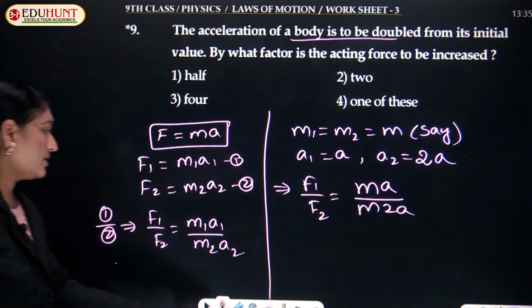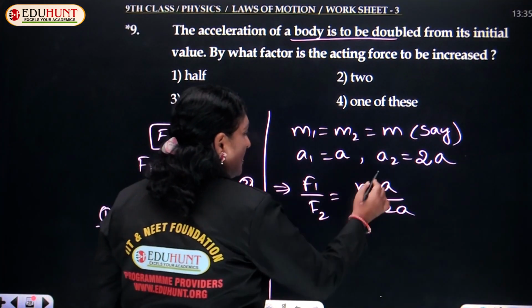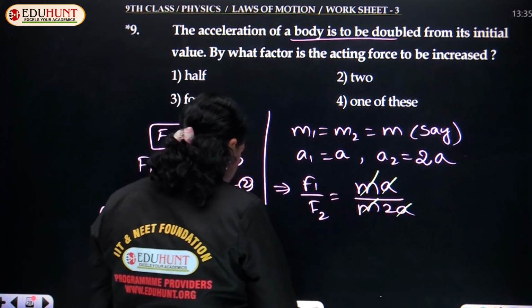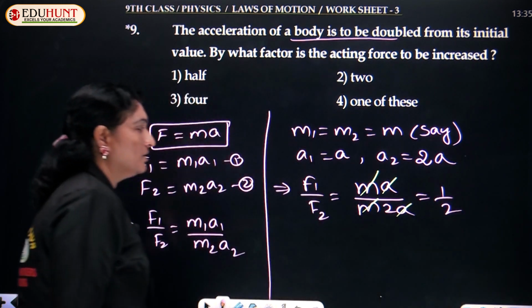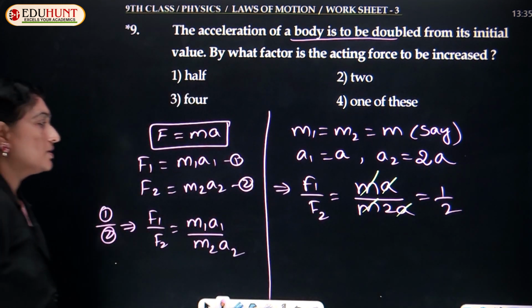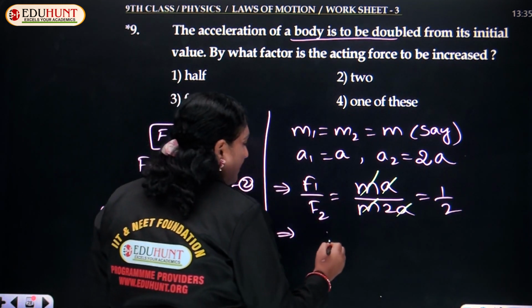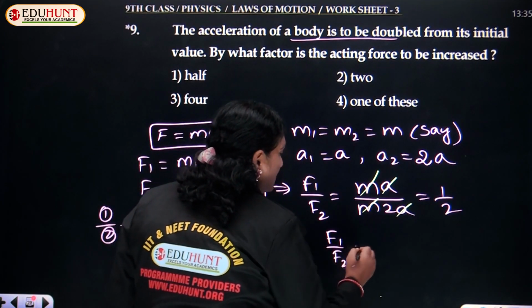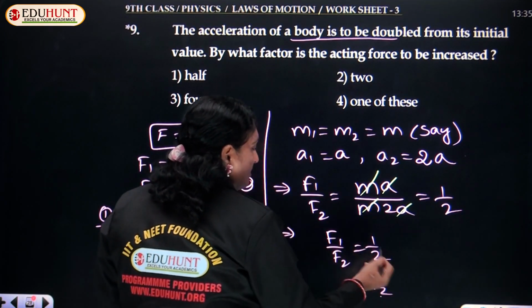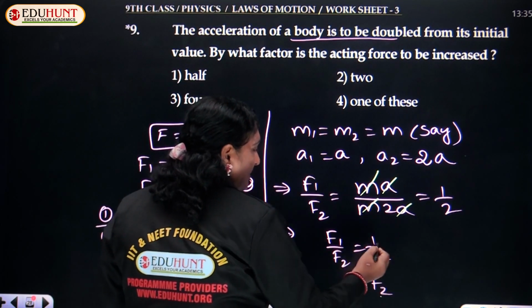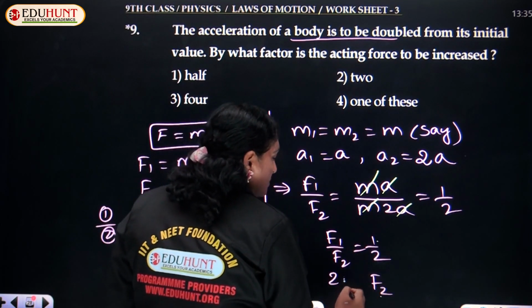Okay, children. Now simplifying this further, a gets cancelled and you are left with 1 upon 2. So if F1 by F2 equals 1 by 2, cross multiplying, bring this F2 here and 2 this way.